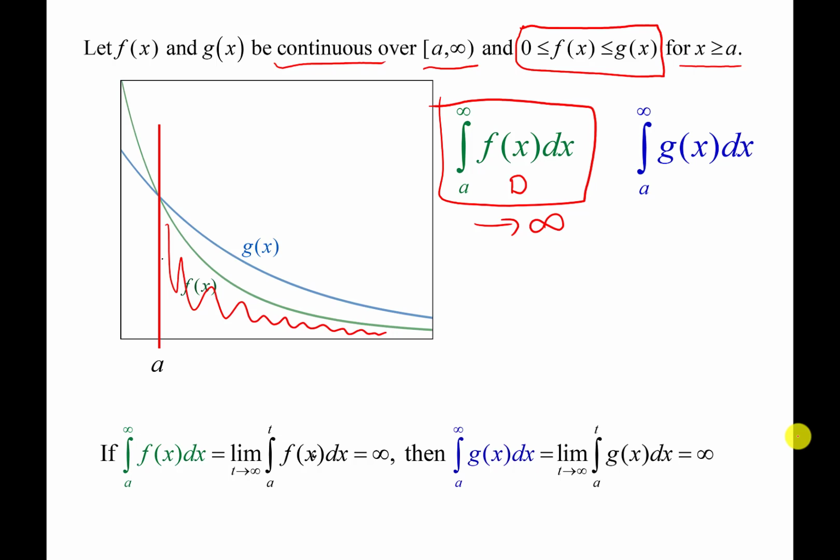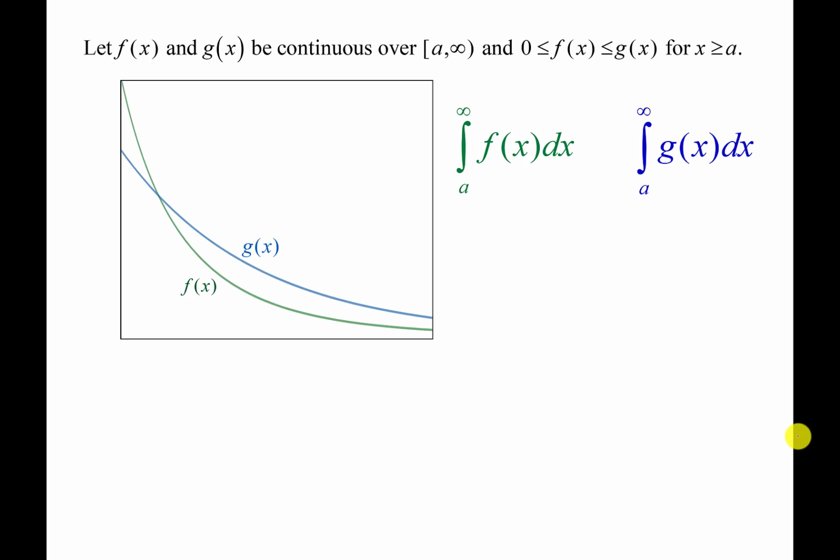Now let's consider instead that g of x converged to some finite value. We're going to call it L. Well, what could I tell you about f of x then? We still have this, we're looking from a to infinity, and if this g of x converges and this area under the curve is some L, well, what could we say about f of x?